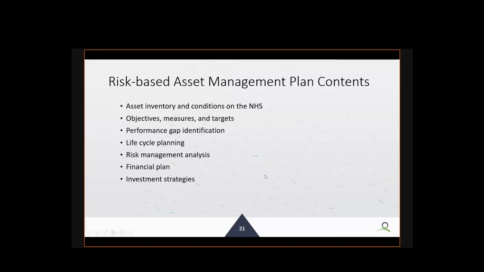What's listed here are the 7 required components for an asset management plan. This is actually in statute. This isn't part of the regulation that came out after. This was established through the MAP 21 legislation in Title 23, and this is part of the requirements for the National Highway Performance Program, which provides funding for the National Highway System.